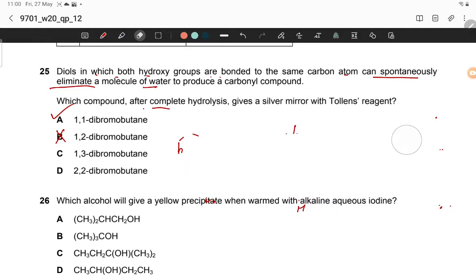So next compound. A must be the correct option. 2,2-dibromo.